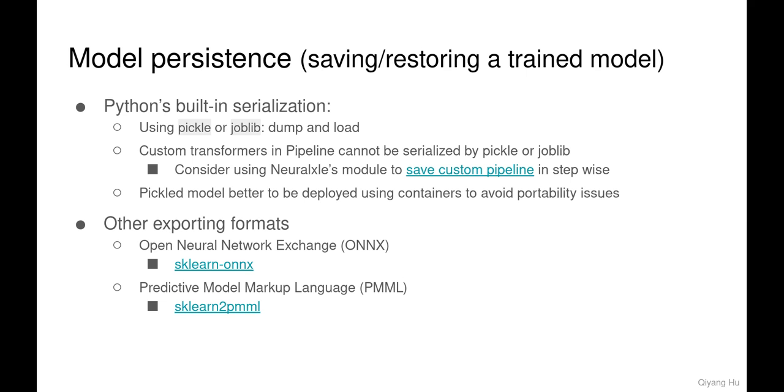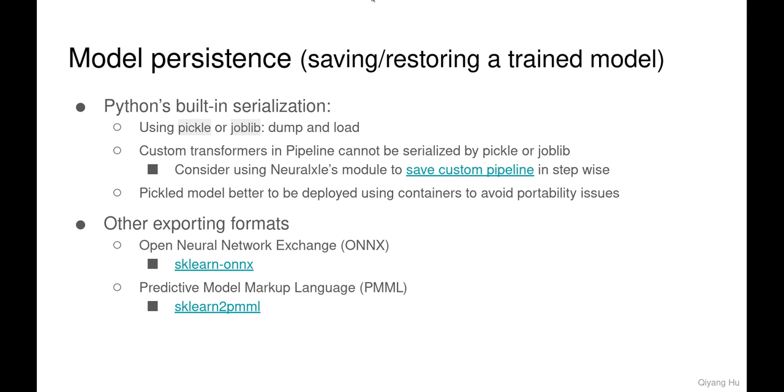There's not much fancy stuff happening in Scikit-Learn for this problem. Users can use Python's built-in serialization, for example the pickle library, to save and restore a trained model. Or, because Scikit-Learn has very good integration with the joblib library, you can use joblib's dump and load functions for that purpose.